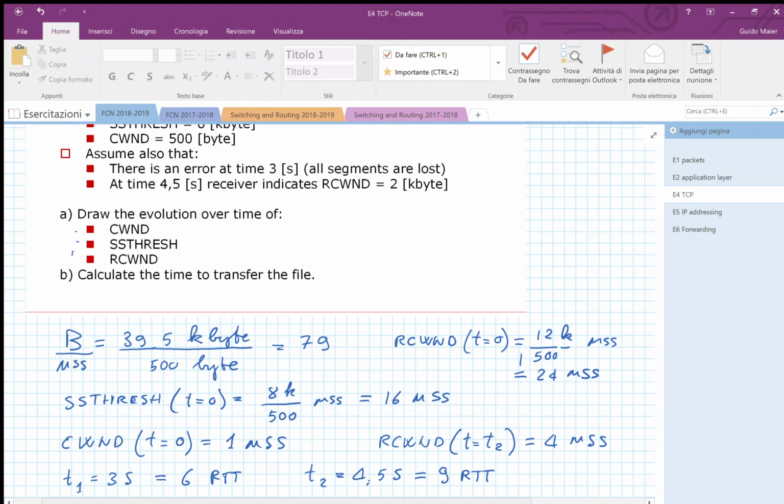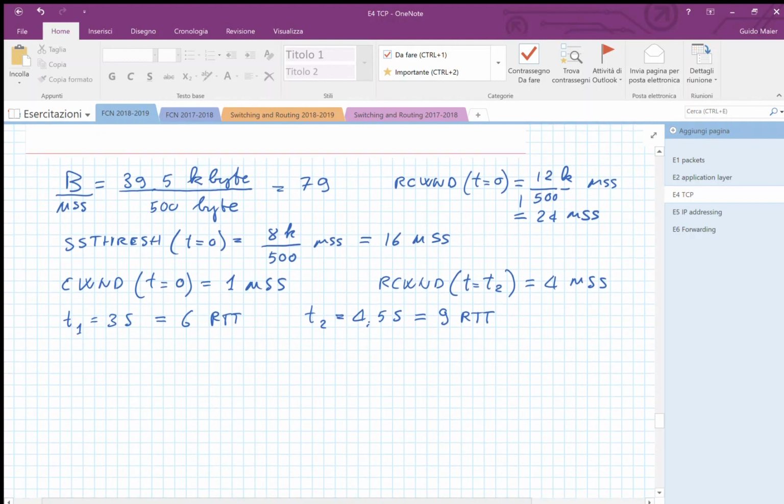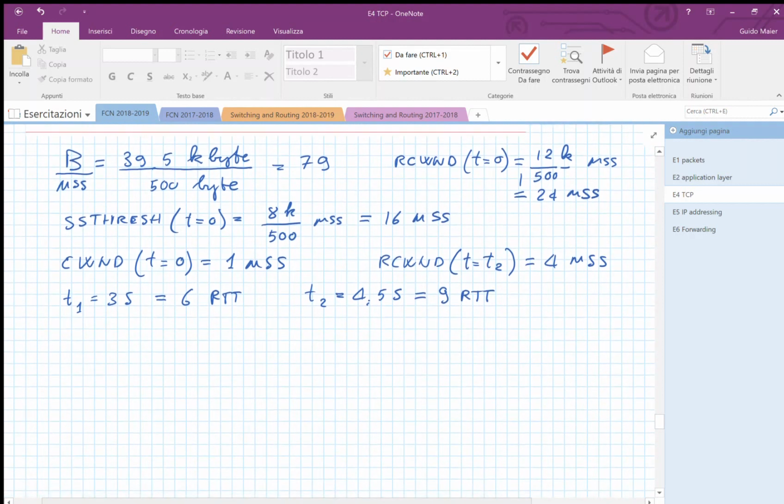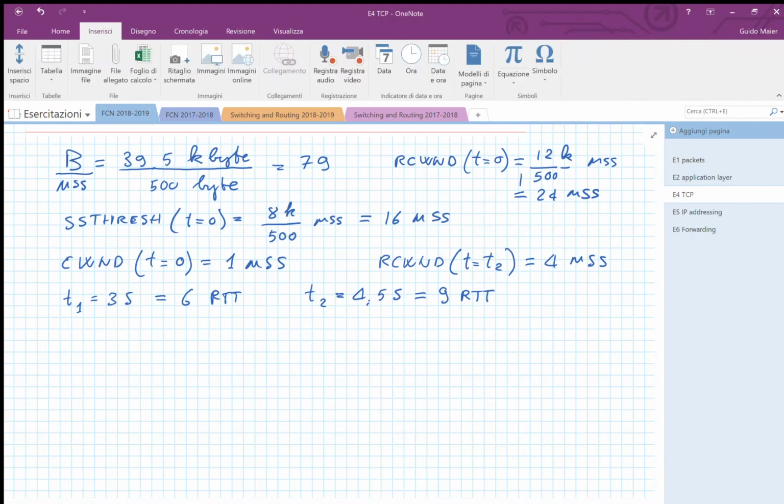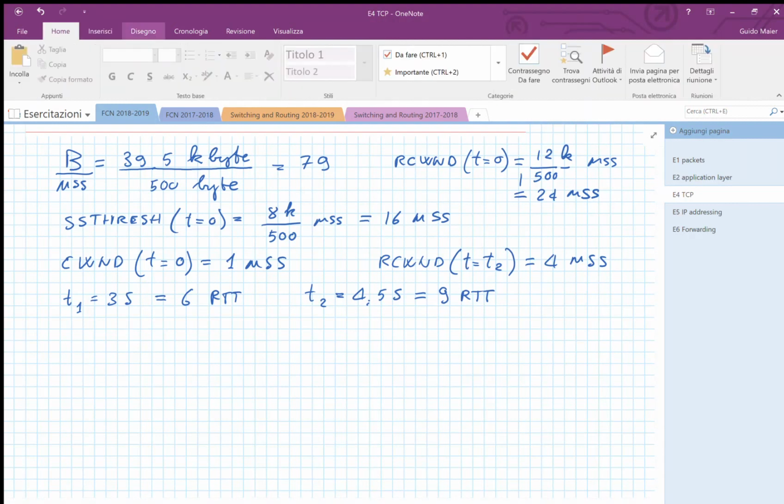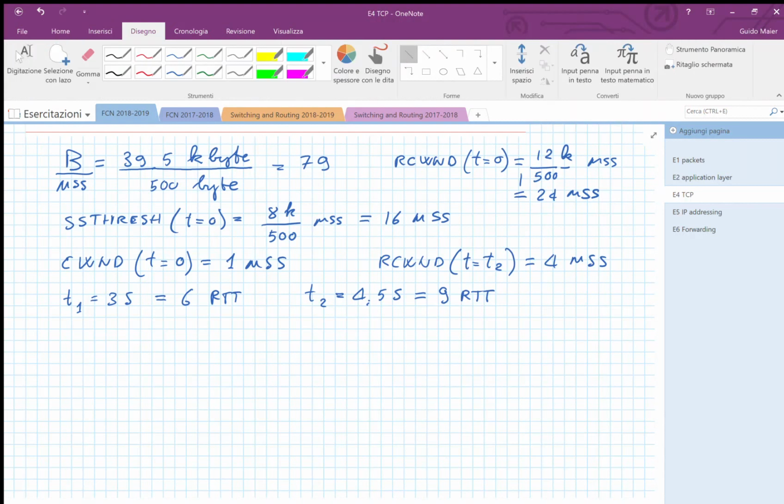So now that we have all these normalized data, we can start drawing the graph.